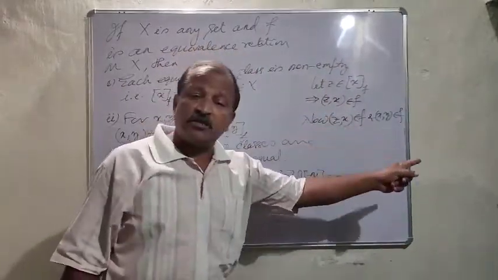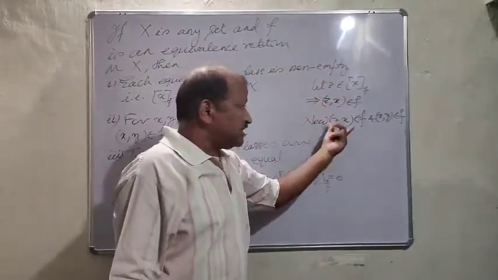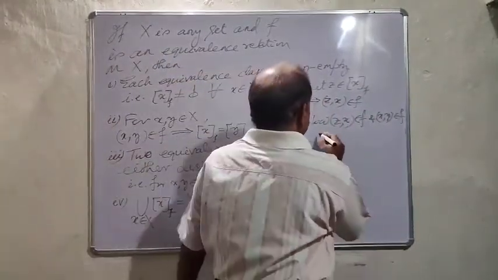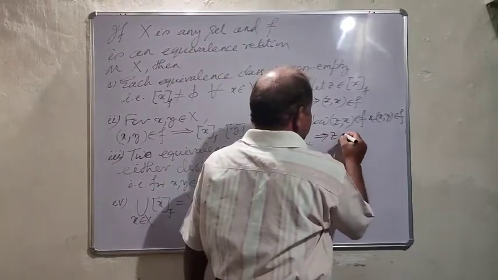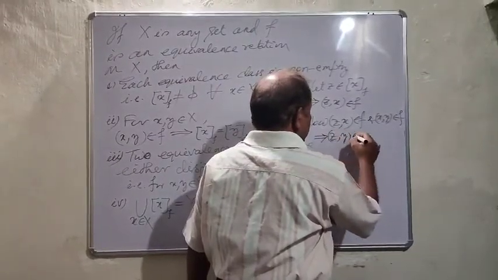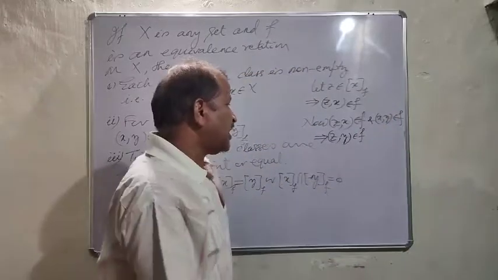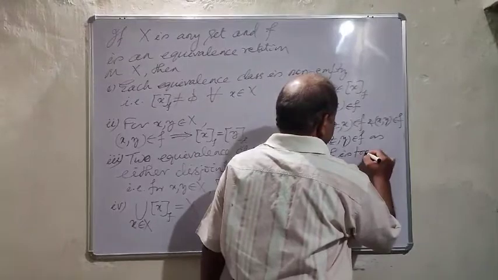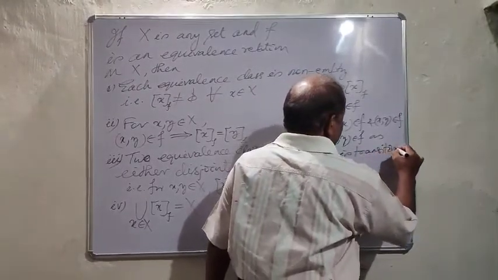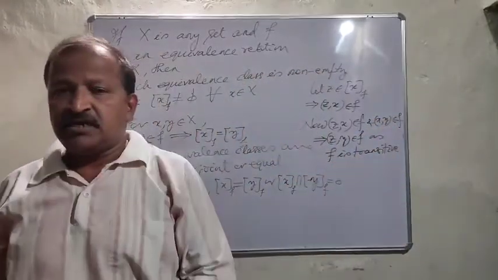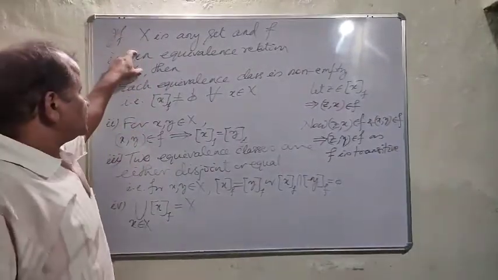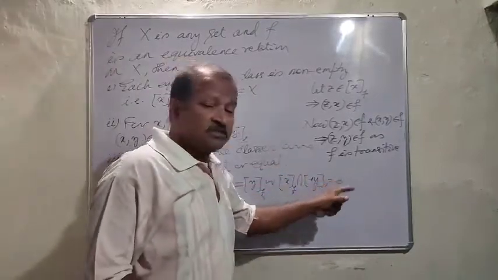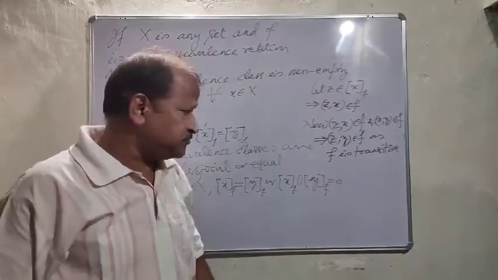So z must be related to x. Now we have two elements: z is related to x and x is related to y. This implies z is related to y. Why? As F is transitive. Equivalence class arises only when the relation is an equivalence relation. Since F is an equivalence relation, it is reflexive, symmetric and transitive.